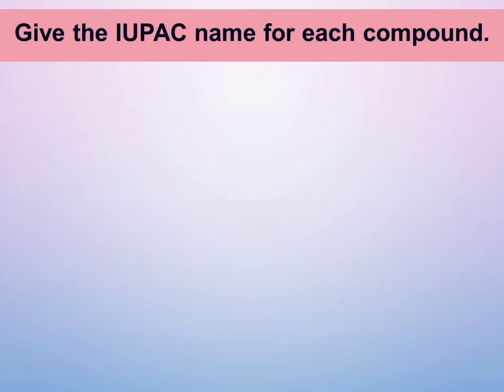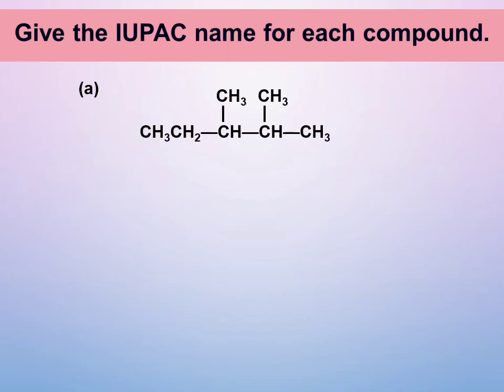Now let's recap the steps by trying the exercise below. First, we need to find the longest carbon chain as the parent. My longest carbon chain will be 1, 2, 3, 4, 5. Next, we give the numbering to the parent.